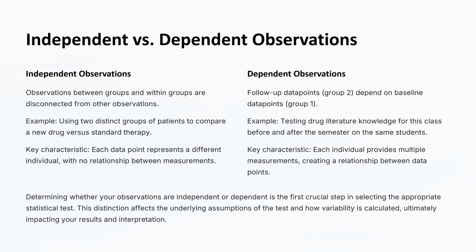So, for example, testing drug literature knowledge for this class before and after the semester on the same students. They're the same students; having repeated measures is another way to talk about it. Repeated measures means dependent observations. So each individual is providing multiple measurements. So this has to be handled differently with different statistical tests. So it's crucial to figure out which one's which and what you are looking at in order to pick the right test.